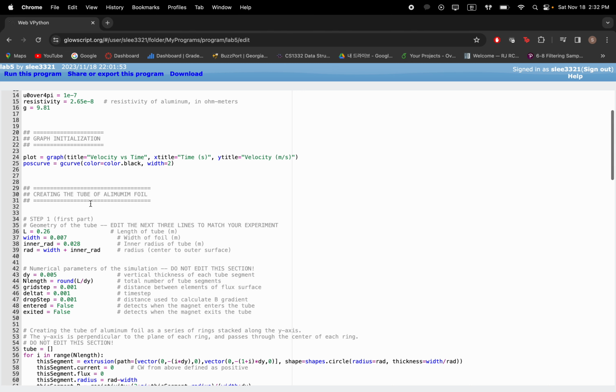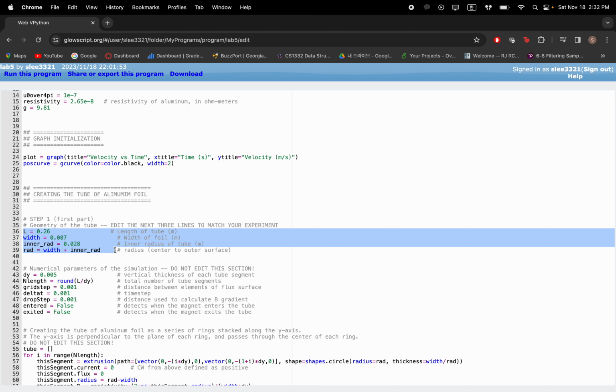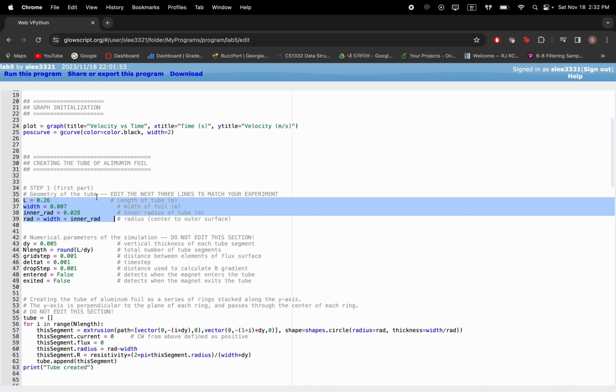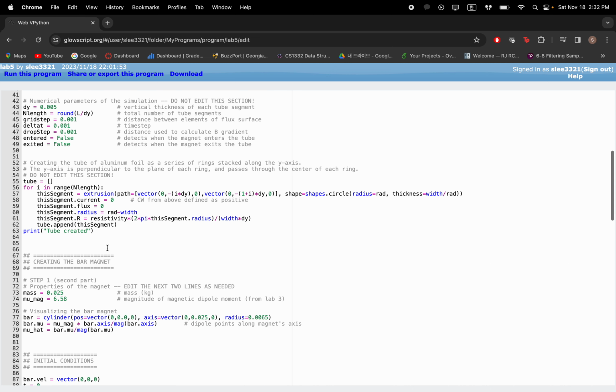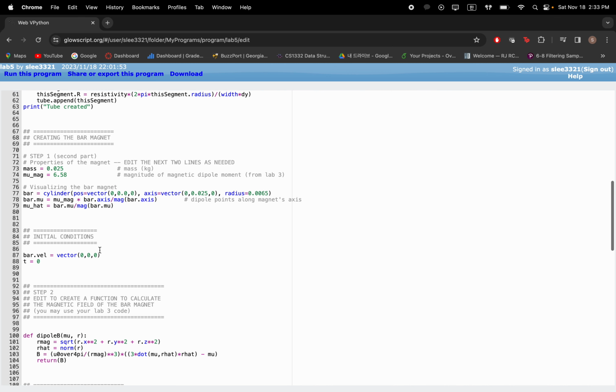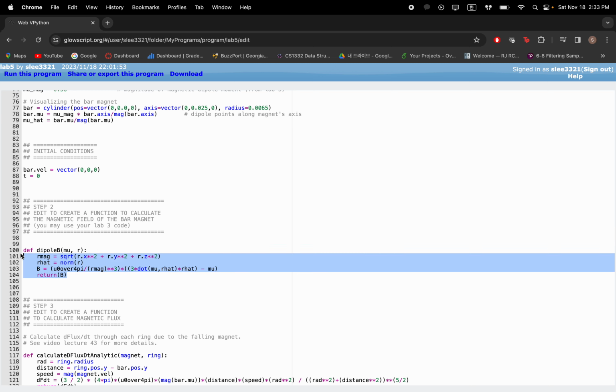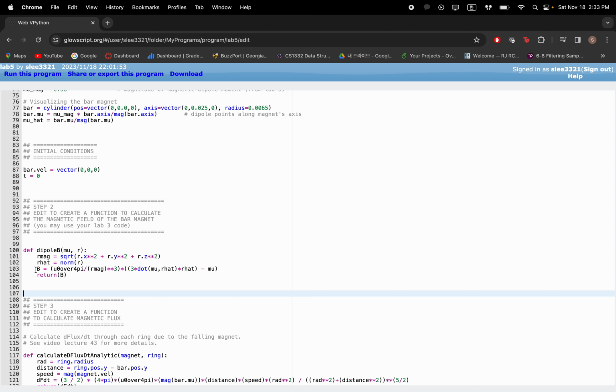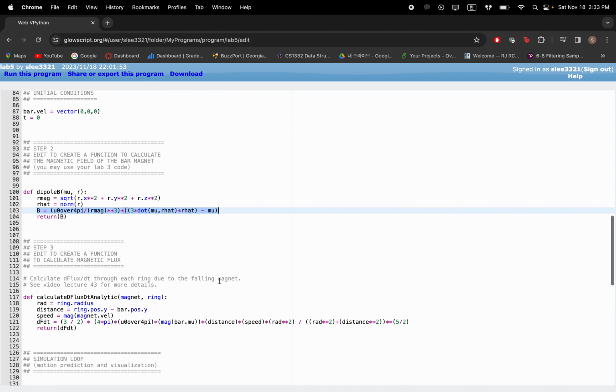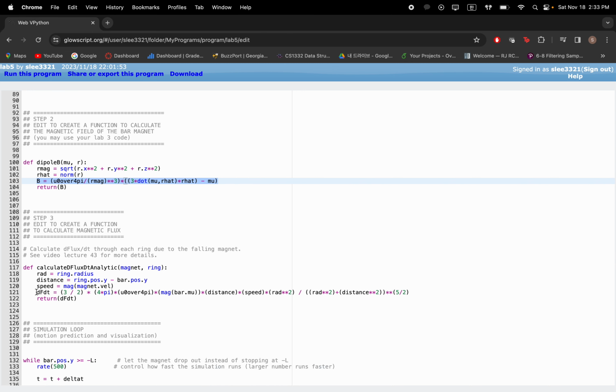This is my VPython code. As you can see, these are the measurements I made for the experiment, which I will use as input values for this whole VPython code. This function, dipole B, is to calculate the magnetic field, and this line of code is an application of the Biot-Savart law.